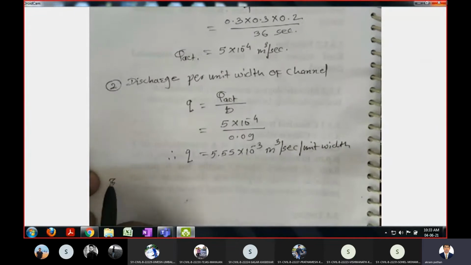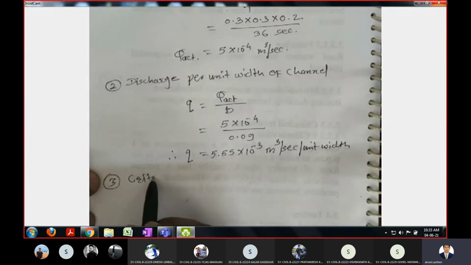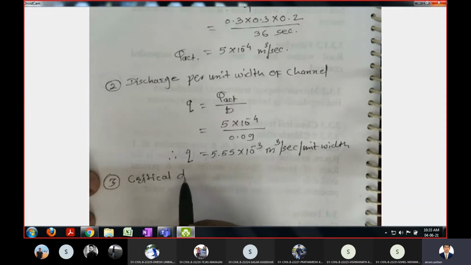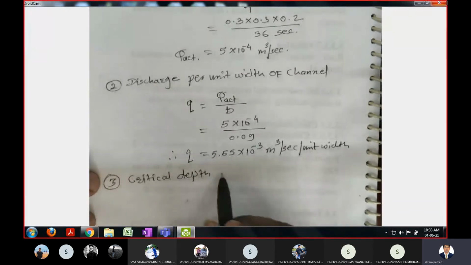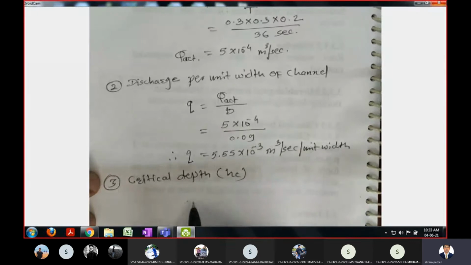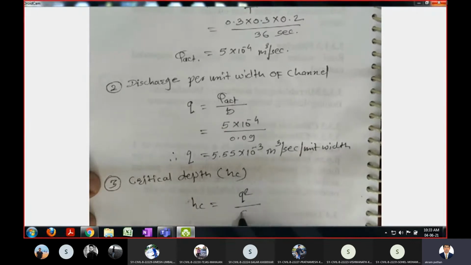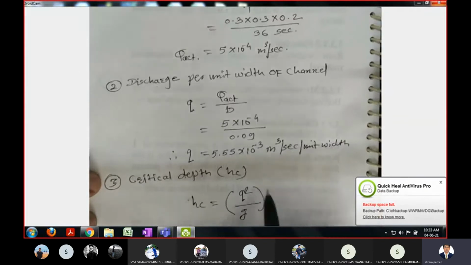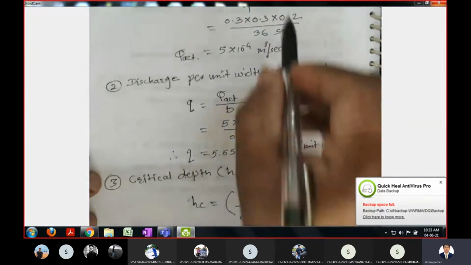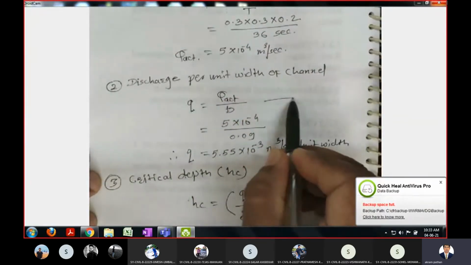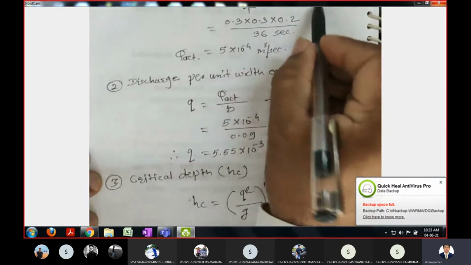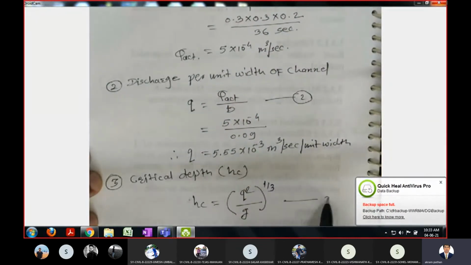Now, the third calculation, we have to calculate critical depth, that is HC. So HC is equal to small q square divided by g, raised to 1/3. This is the second formula, this is the first formula, and this is the third formula.